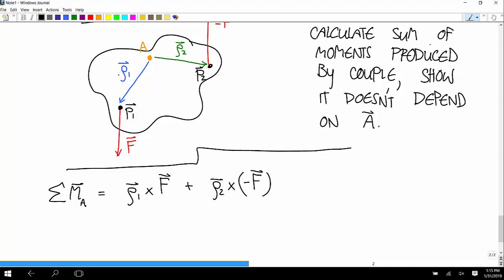Now we can clarify what rho 1 and rho 2 are. How would you represent this vector rho 1 in terms of P1 and A? If we know the coordinates of P1 and A, how do you represent a vector that goes from A to P1?